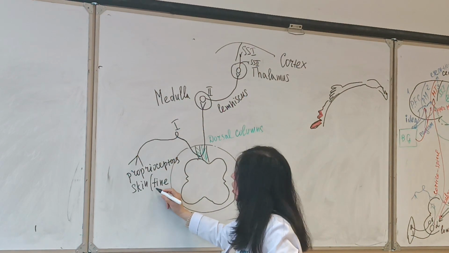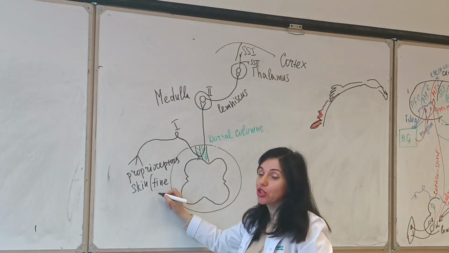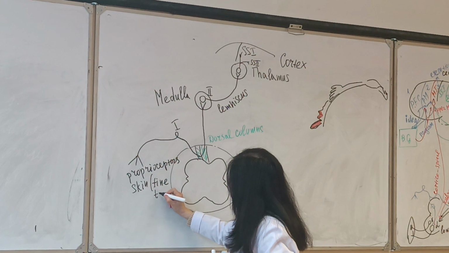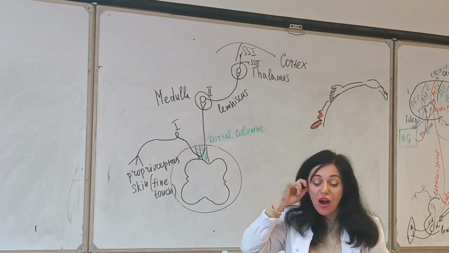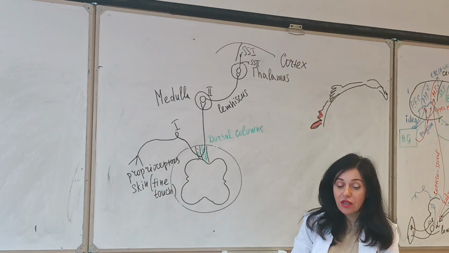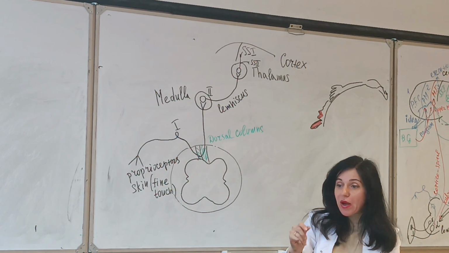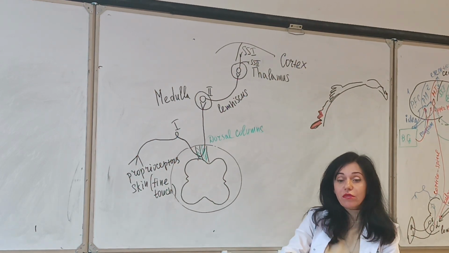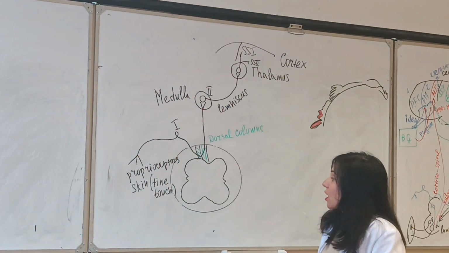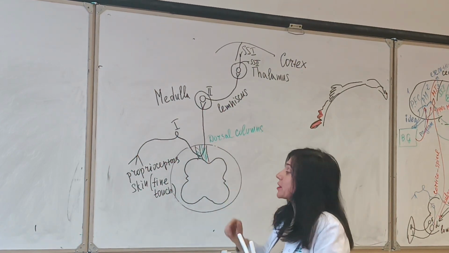Fine touch means good discrimination of 2 points. If you want to define a surface, you touch by hands because the hand map is big. It's a good fine touch discrimination. The lemniscus is responsible for this.